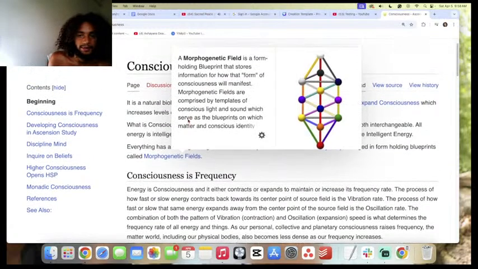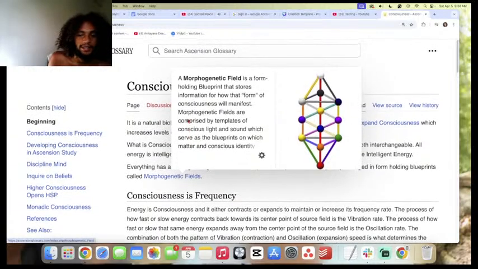Morphogenetic fields is something, I'm not sure if we're gonna go into that today, but I've spoken about this a lot on my TikTok lives, and whenever I do my readings and services, this is something that we introduce individuals to. So a morphogenetic field is a form holding blueprint that stores information for how that form of consciousness will manifest.